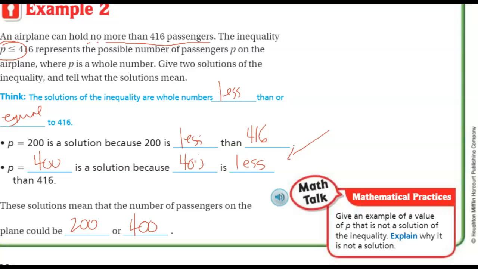Give an example of a value of p that is not a solution of the inequality. Explain why it is not a solution. So 500 is not a solution because it is greater than 416.